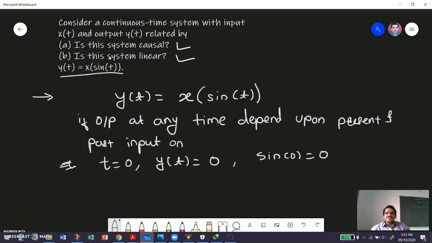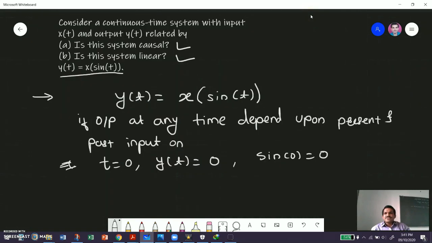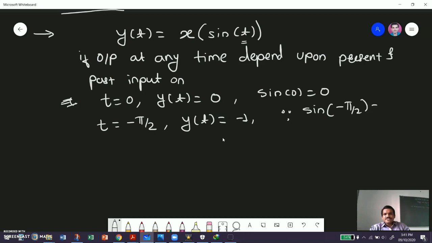Now put t equal to another instance of time, let us say minus pi by 2. Then y of t is equal to x of sine of minus pi by 2, which is x of minus 1, as sine of minus pi by 2 is equal to minus 1.